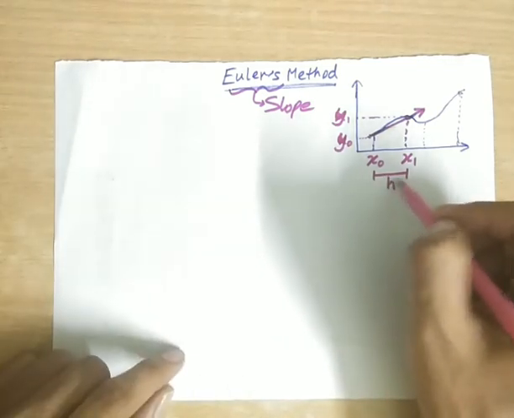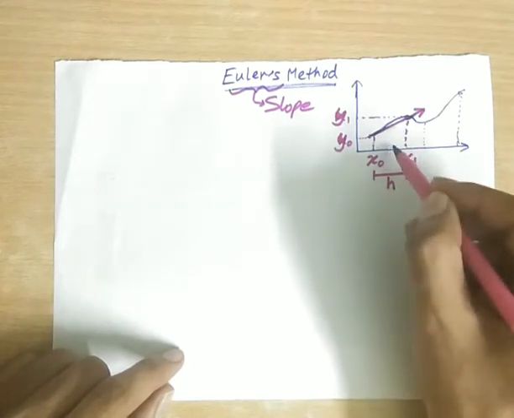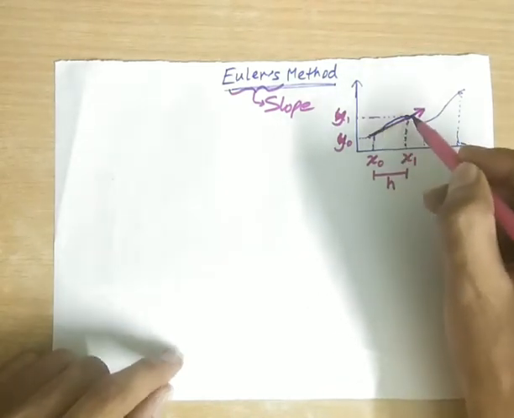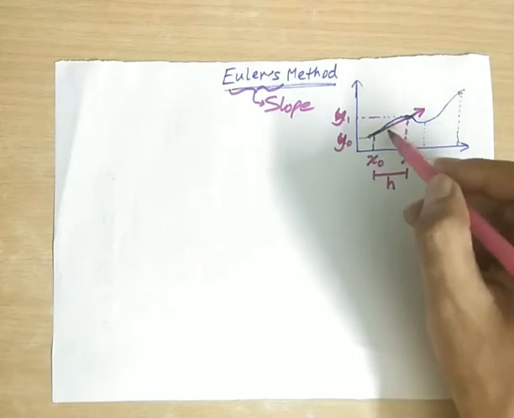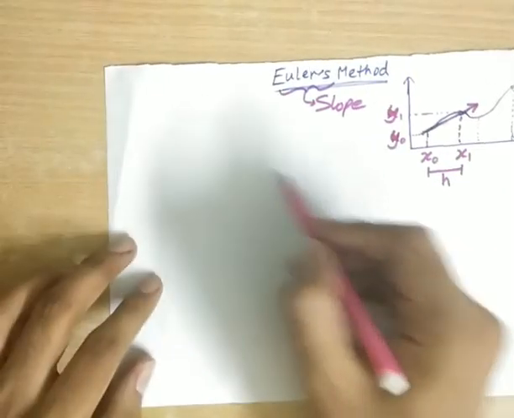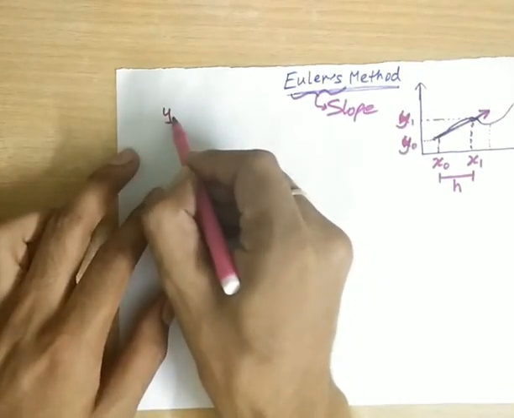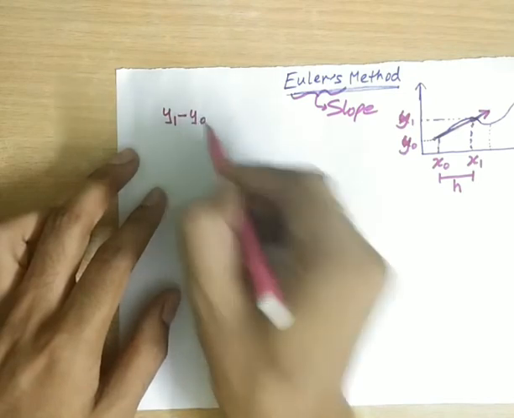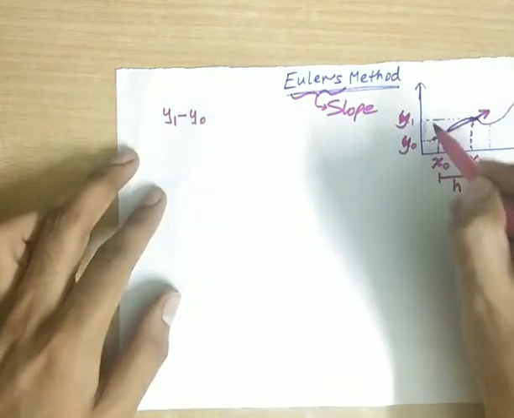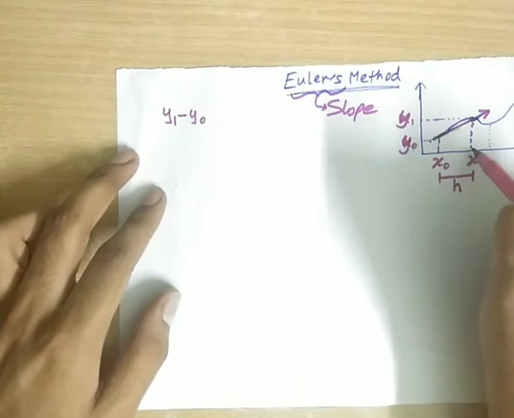In this h part, there is almost a particular slope, an approximate slope. We can define the slope as y1 minus y0 over x1 minus x0, because y1 corresponds to x1.